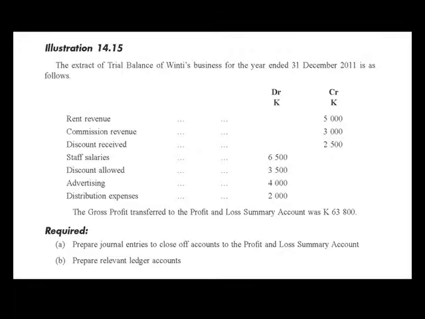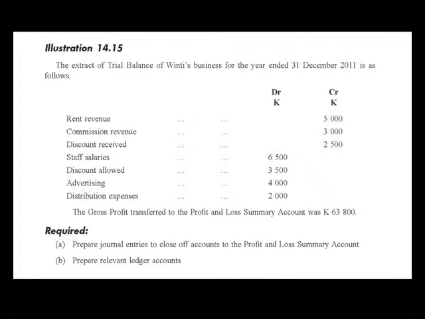closing accounts to the profit and loss summary. Profit and loss summary account. So these are the transactions that were taken from a trial balance, and these items are only related to the profit and loss summary. That means expenses and revenues. Rent revenue is a credit balance, meaning revenue.